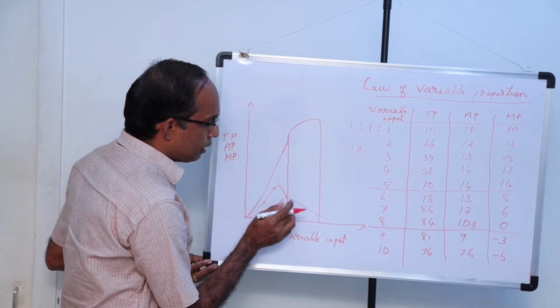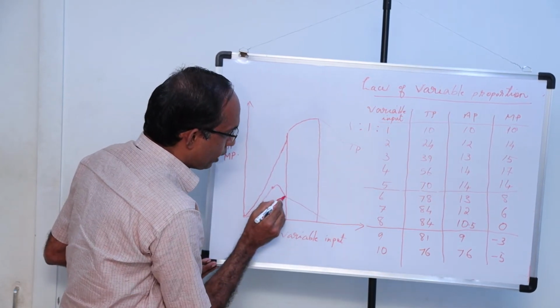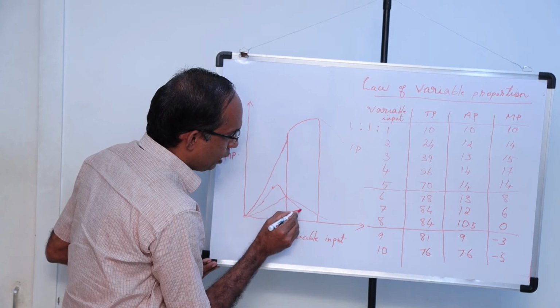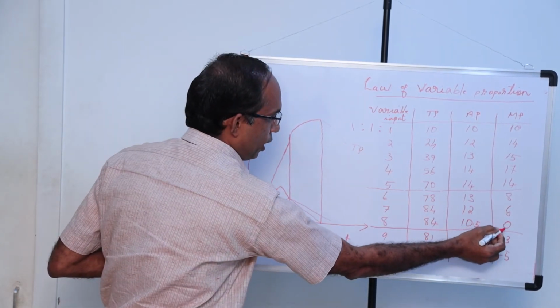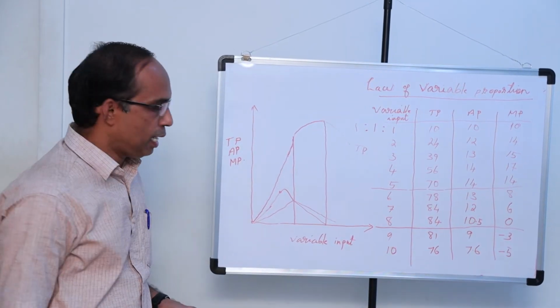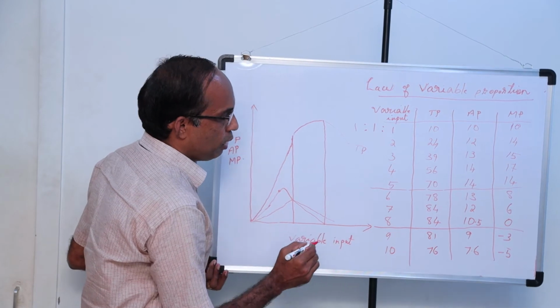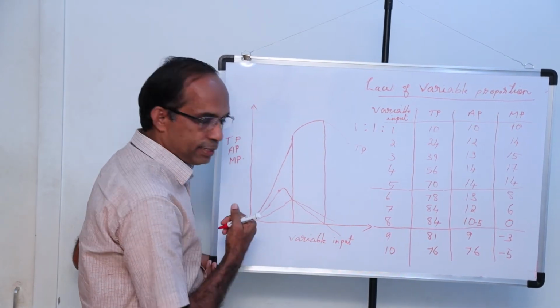Right. And in the second stage, what happens to marginal product? Marginal product declines and becomes zero. At the end of the second stage, marginal product becomes zero. Then in the third stage, what happens? Marginal product becomes negative, below the x-axis.